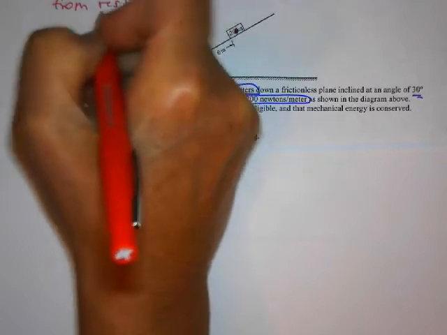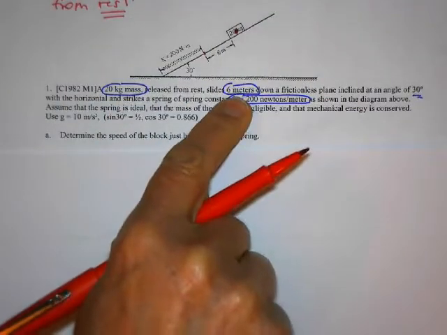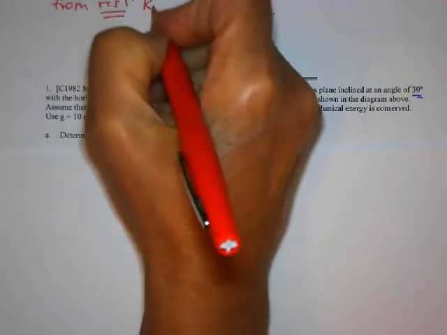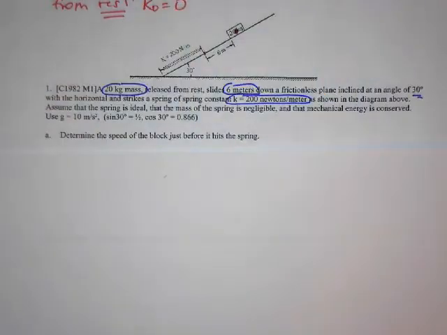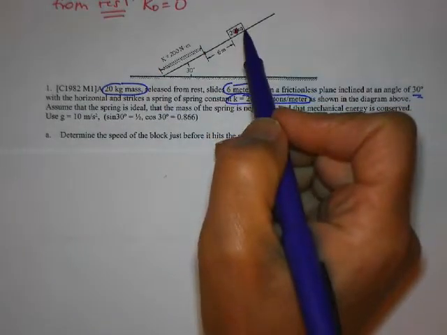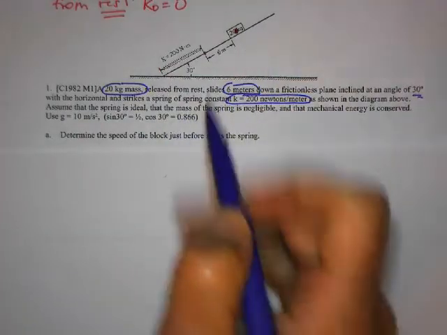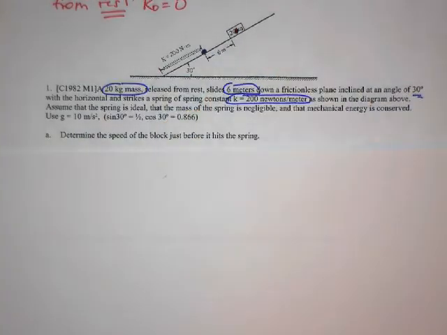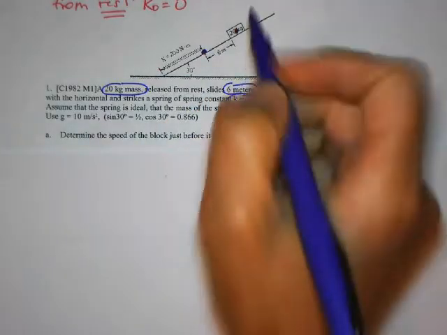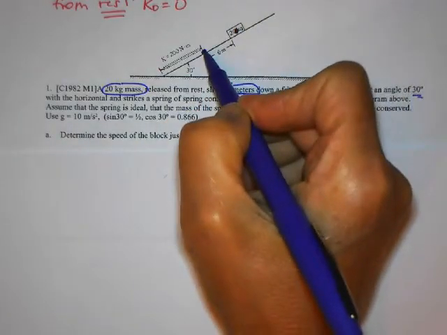And again, when you read the problem, there's key information. Starting at rest means the initial kinetic energy is 0. They always want to see a statement of conservation of energy. It says just before it hits the spring, so I'm going between here, the top, and here, before it hits the spring.